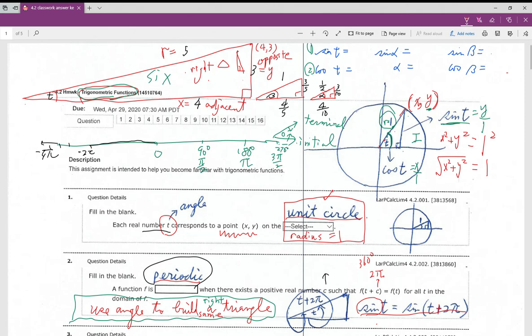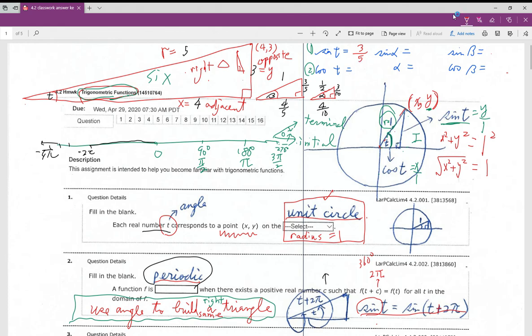So by our definition, we try to find sine t. Sine t will be opposite divided by radius, which is 3/5.